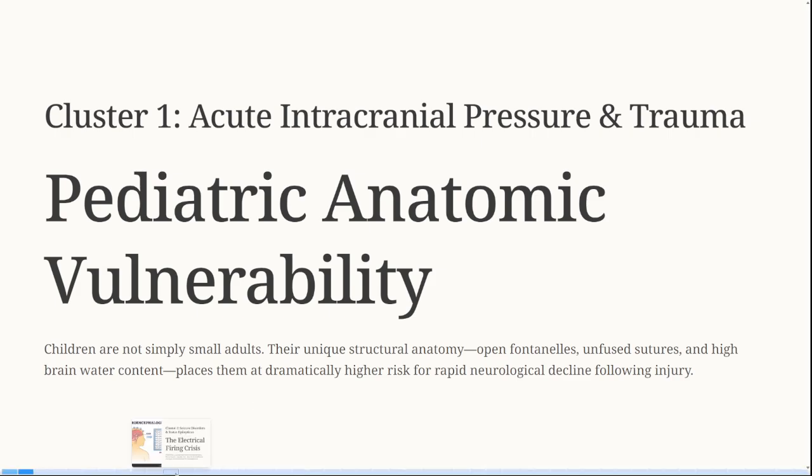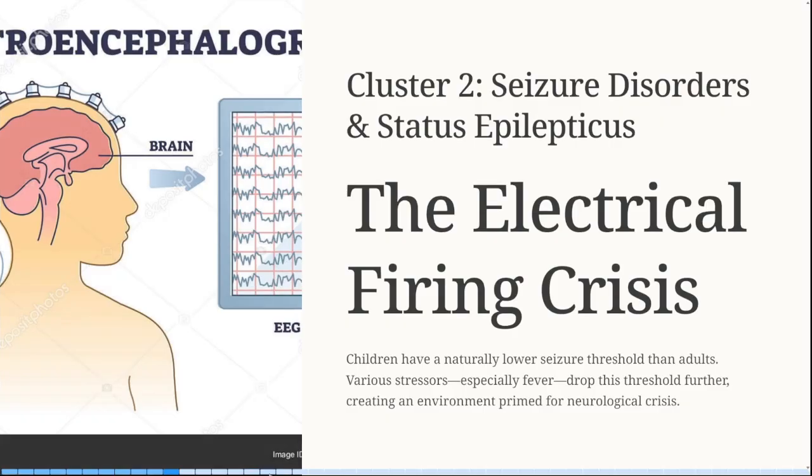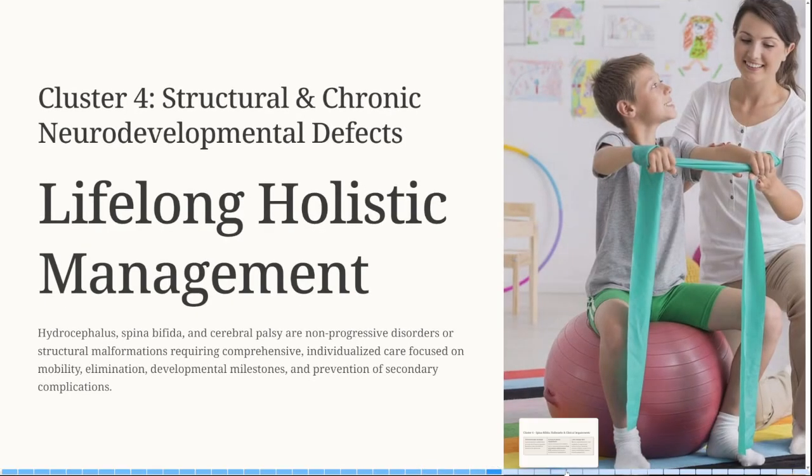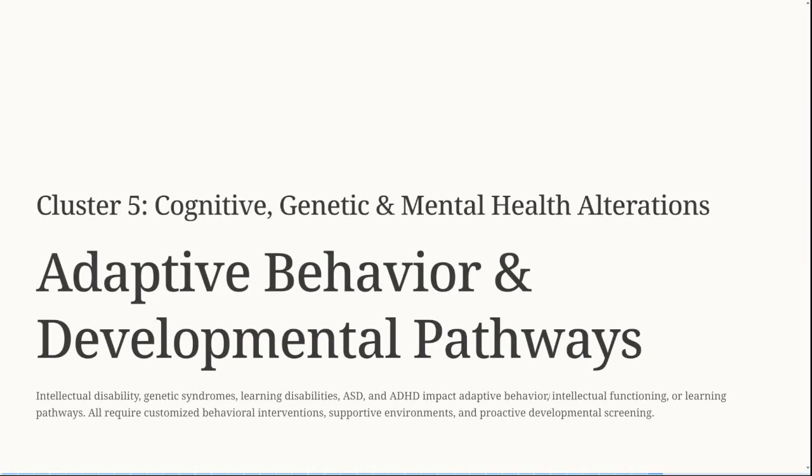Third, we tackle CNS infections and autoimmune neuropathies, sort of recognizing that inflammatory response. Right. Our fourth segment covers structural and chronic neurodevelopmental defects, like spina bifida and cerebral palsy. And finally, cluster 5, which addresses cognitive, genetic, and mental health alterations, including things like ID, ASD, and ADHD.